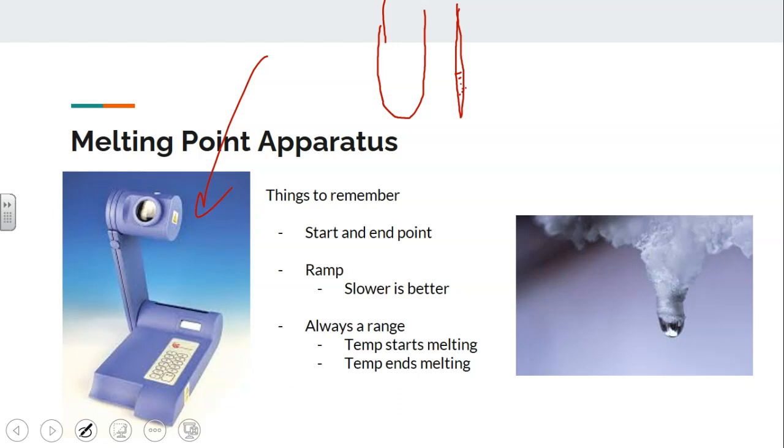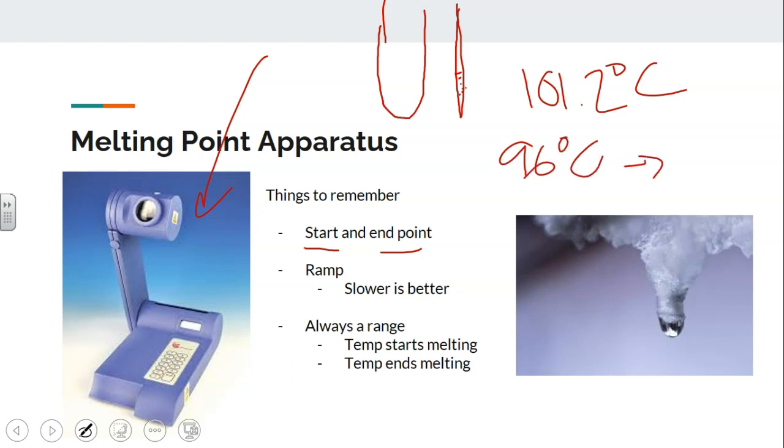Okay, and so what you're going to have to do is set a start point and end point. So again, if we're dealing with a substance that has a literature melting point of 101.2, then we should set that to 5 degrees on either side at least, so that we start the process at 96 degrees Celsius and go all the way up to 106 degrees Celsius, so that we're assured to encompass the melting process.